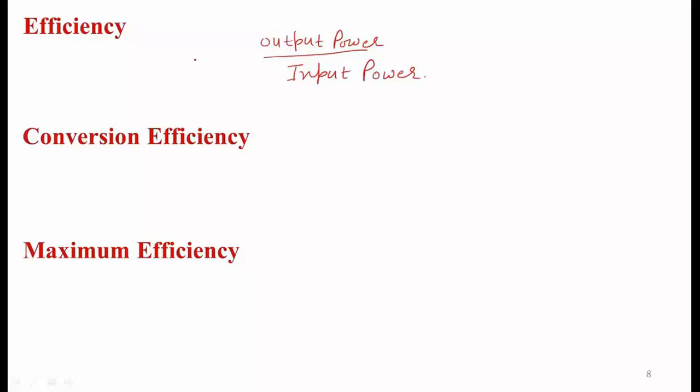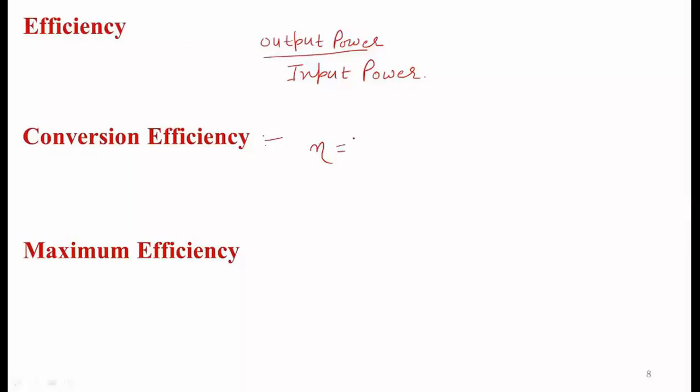In the case of a power amplifier, we use the term conversion efficiency, since we are converting DC power to AC power. So the conversion efficiency is the capability of an amplifier to convert DC power to AC power, which is represented as eta.